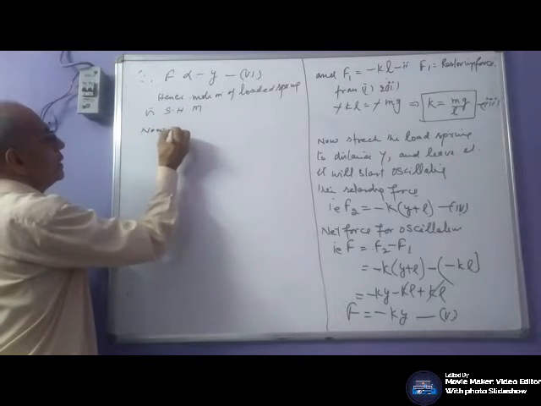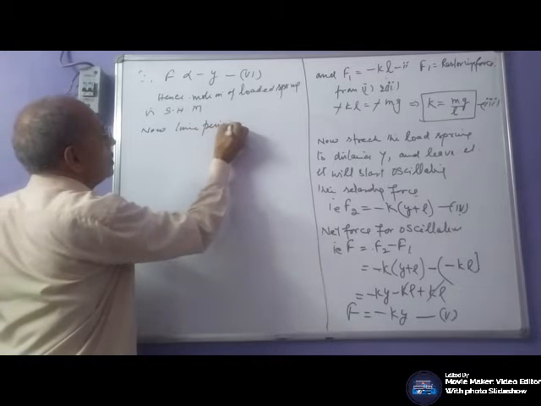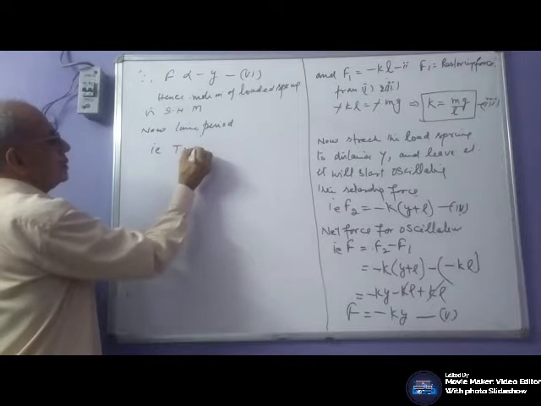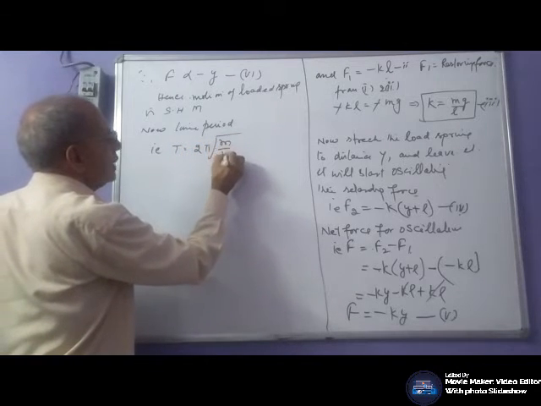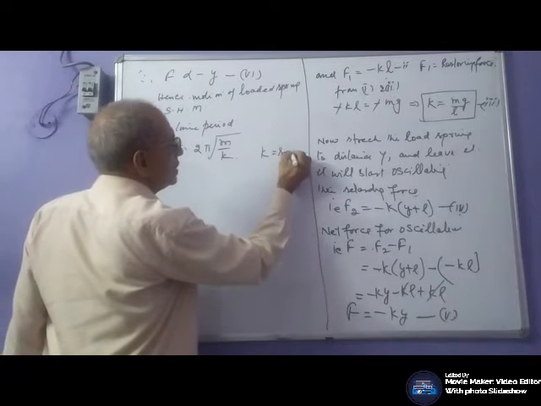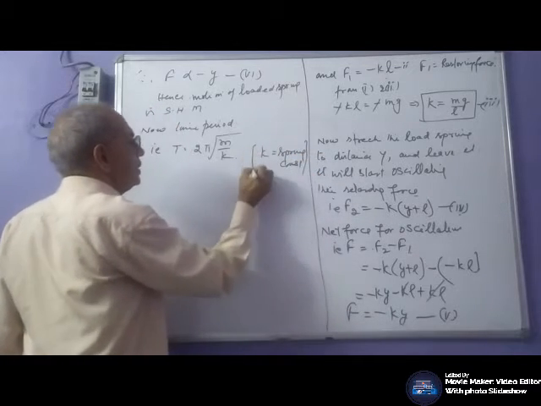Now time period. That is T equals 2 pi root m by K, where K is spring constant. Force constant, here it will be spring constant.